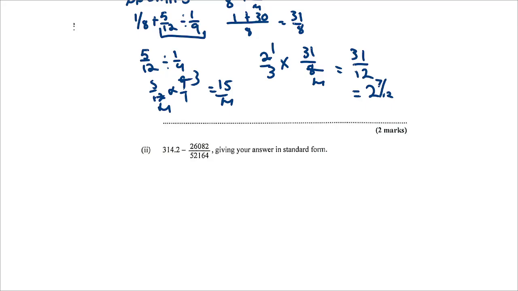What I would do, just to show the examiner I know what I'm doing, is divide 26082 by 52164. I believe you will get 0.5, if I'm not mistaken. Let's just check to see if that is correct.